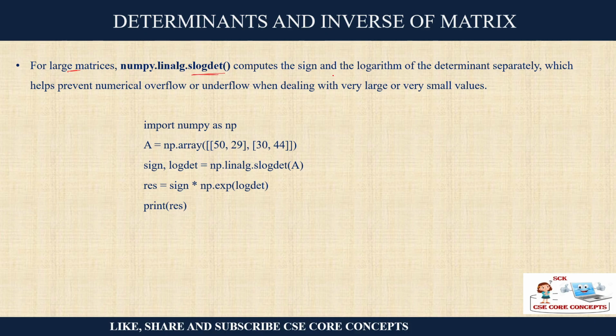This function will give you the sign and the logarithm of the determinant separately, which will help you to prevent overflow or underflow when you are dealing with very large values. Okay, so this is another function which you can use. It will return two things, so you take two variables, and it will return the sign and the logarithm value. So this is what you have, the values, right?